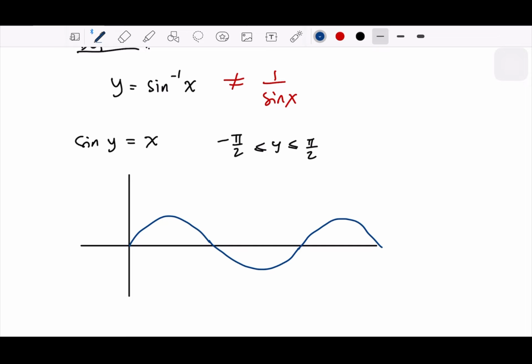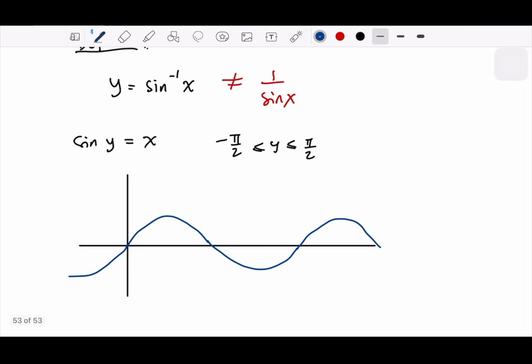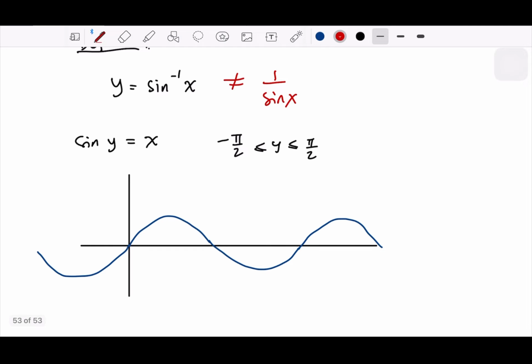And if we take the horizontal line, it's crossing more than one point. So if we set up maybe from this π/2 and -π/2, this is clearly we are just crossing only one point if we restrict the interval. So that's why we can have the sine inverse.